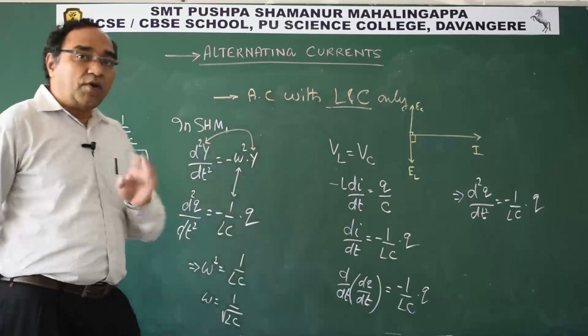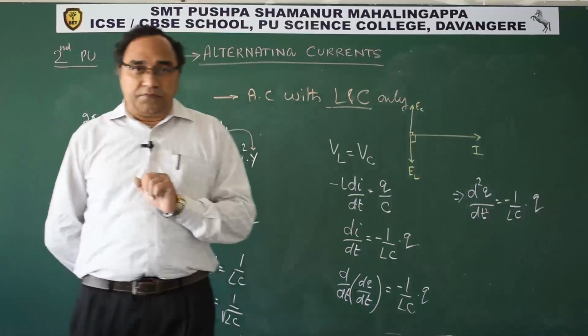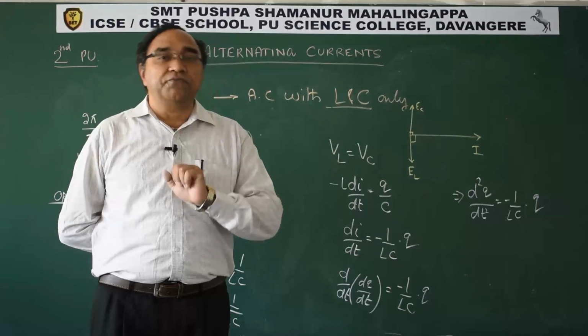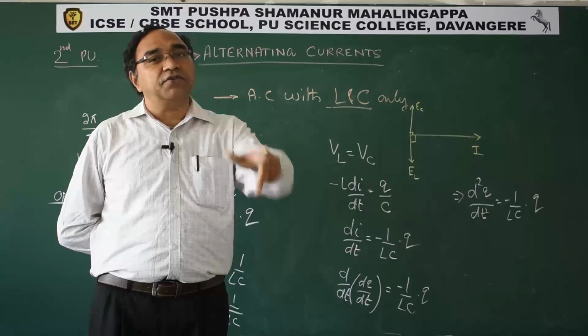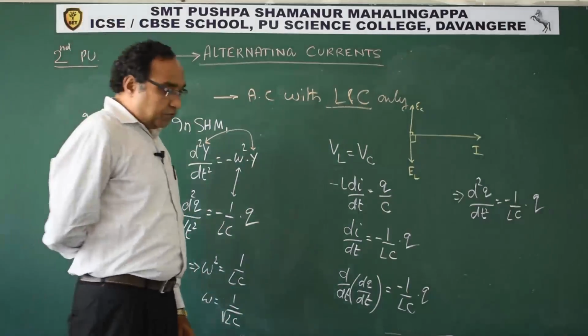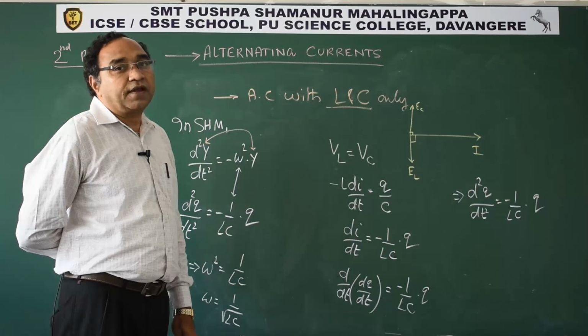In your board paper, you will have a choice, and in the choice there are two kinds of question: one derivation oriented and one theoretical. Most students select the theoretical question so that they can write a big essay.